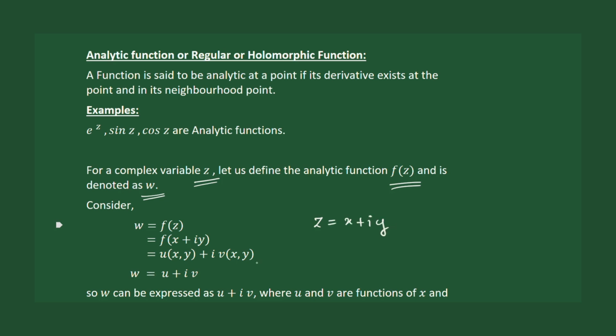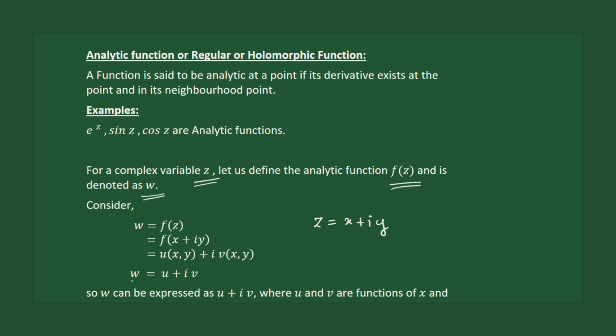So in place of z, we have replaced x plus iy, and based on the function f, it may be algebraic, exponential or trigonometric, we can apply that function so that we can split it into real and imaginary part. Based on the function f, we can consider the real part as u of x comma y and the imaginary part as v of x comma y, so that w can be expressed as u plus iv.